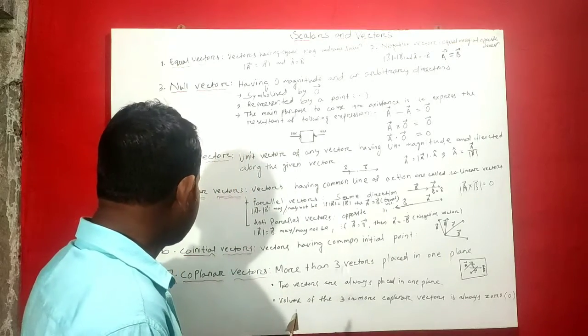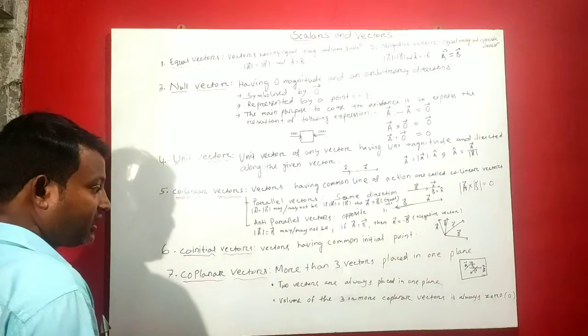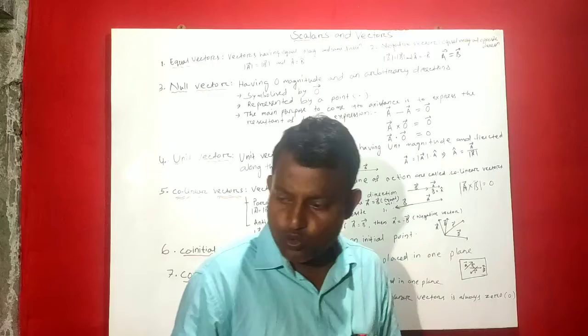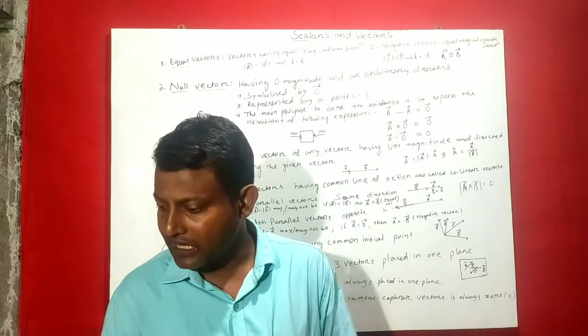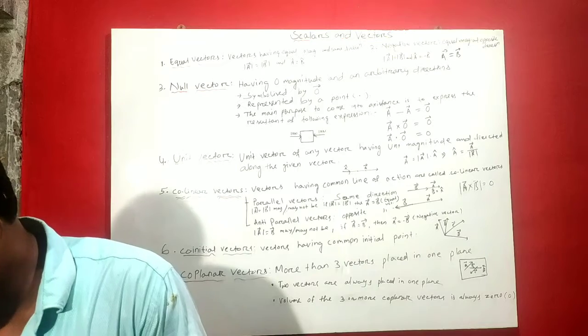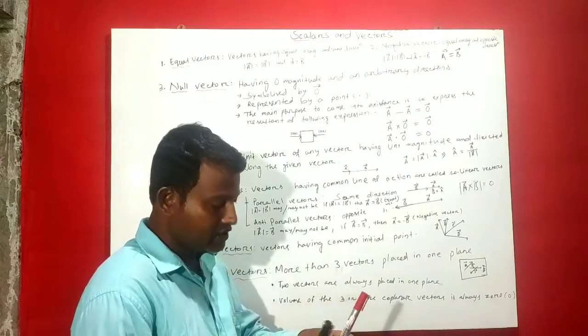Let's come to point number 7, coplanar vectors. Two vectors are always in the same plane.